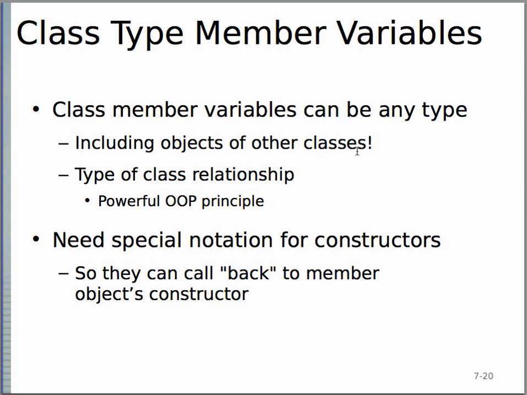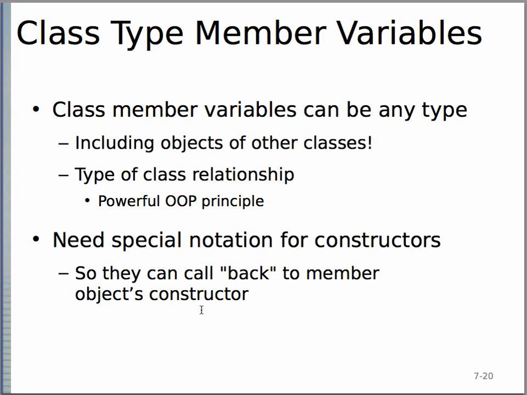Okay, class member variables can be of any type, including objects of other classes. And later on, we'll see that we can have objects of the same class, and that may not make sense at first, but it will come in as tremendously useful much later on. So you need a special notation for constructors so that they can call back to the member object's constructor.